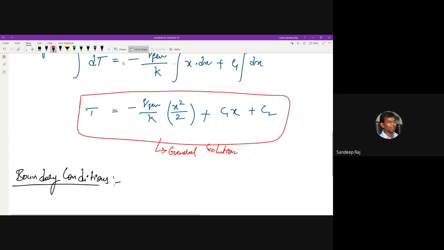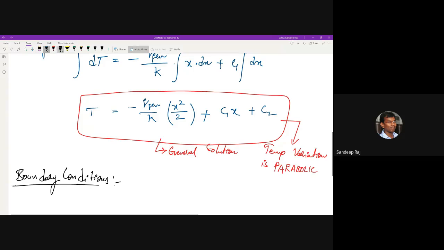So what I can say is the temperature variation is parabolic. Okay, so the temperature variation is parabolic here.